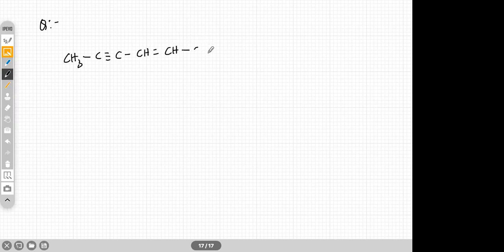If you have a structure given like this, suppose we have CH3, C triple bond C single bond, CH double bond CH single bond, CH2 single bond, CH double bond C. Find out the hybridization.